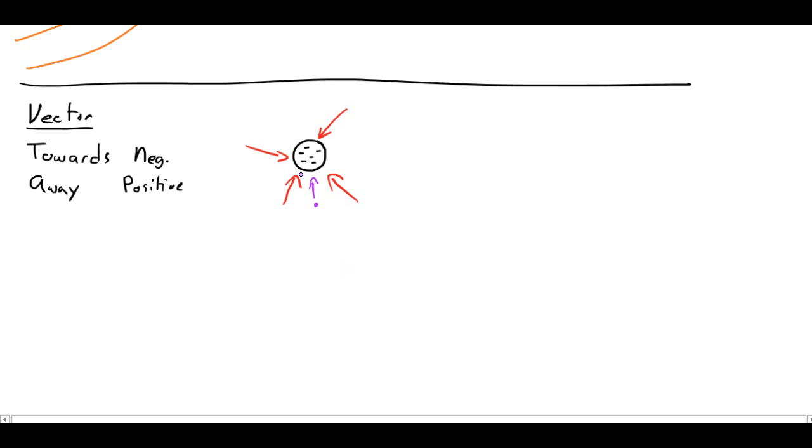The electric force is dependent on the charge of both particles and how they interact. But here, the electric field points towards the object because it's negative.